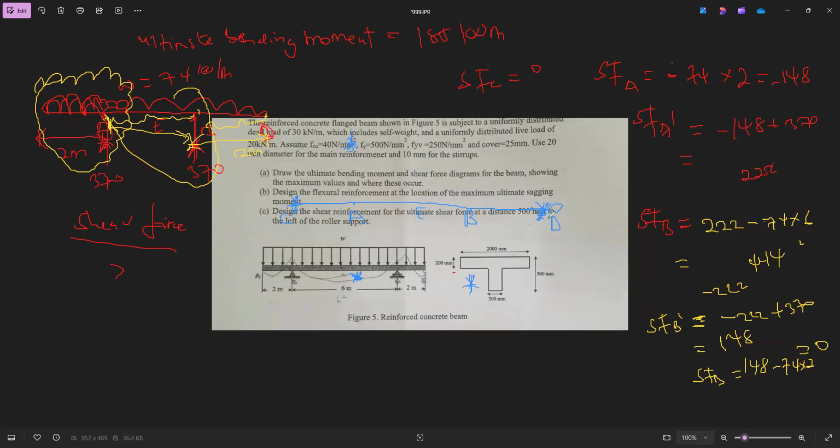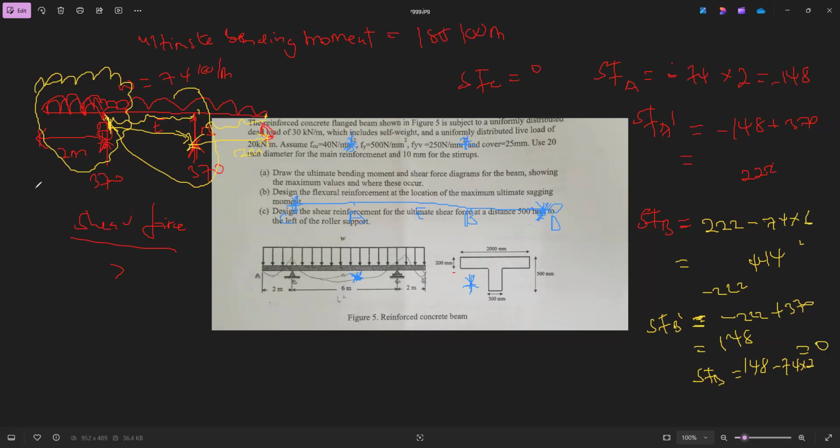And then here is 0, right? The B is minus 222 and B prime is 148. This one too is 148. So minus 222 then positive 148.